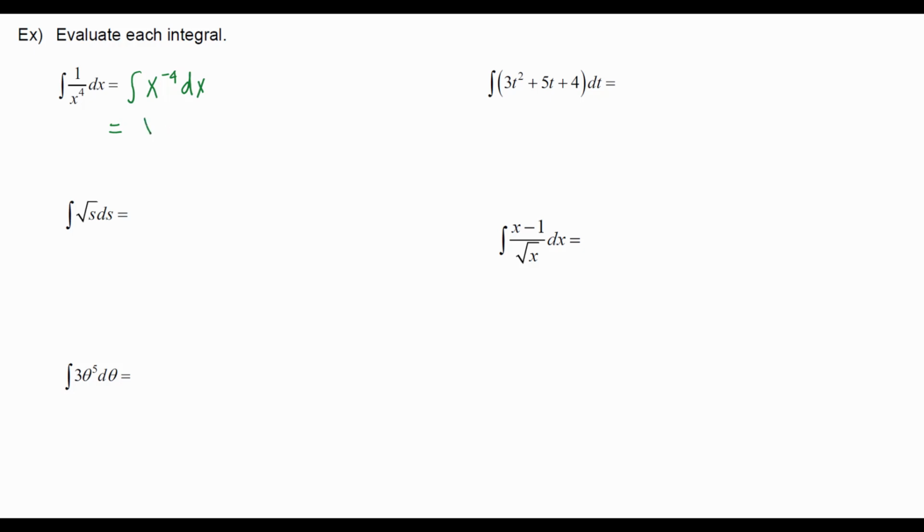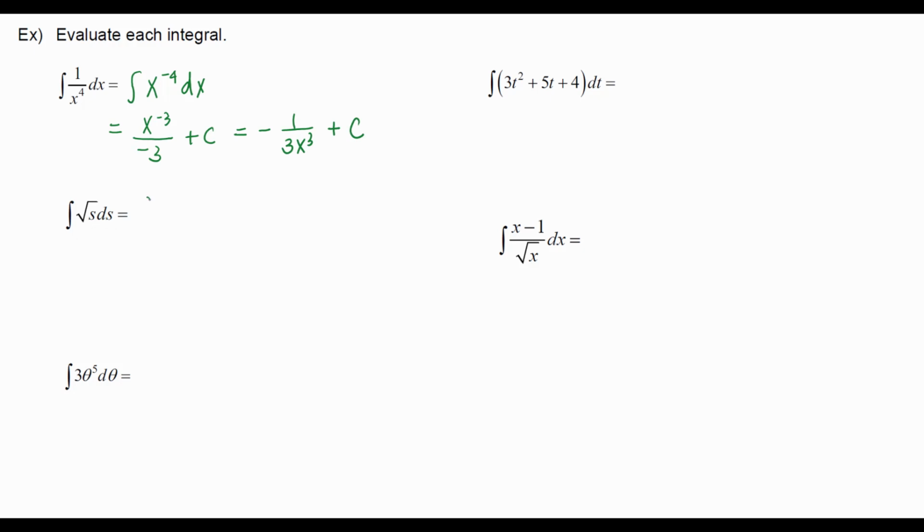I'm going to get x to the negative 3rd power divided by the number, plus c. But since that is a negative exponent, we would rewrite the answer as negative 1 over 3x to the 3rd plus c.